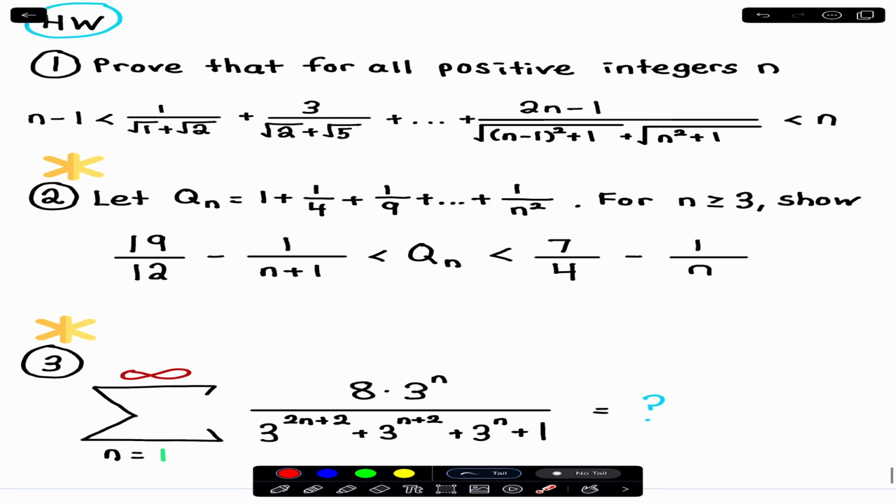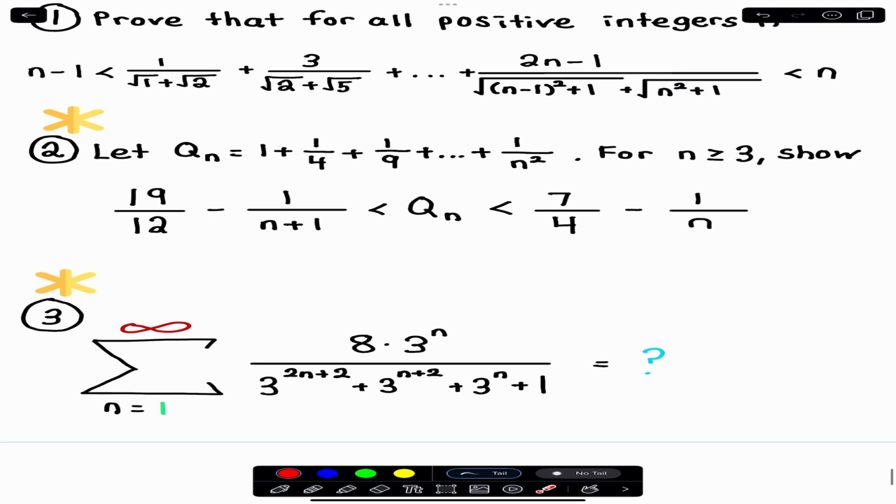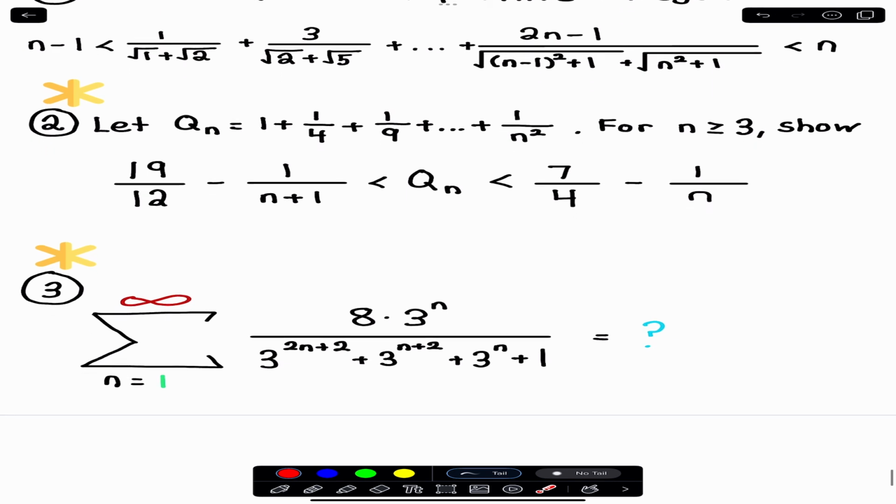And then for question 3, even though I would say we didn't do something exactly like this, you're going to have to do some clever manipulation. Mainly, notice the fact that 8 is equal to 3 squared minus 1. So that's how you're going to get a 3 involved, because as we can see right now, we got a lot of 3's.